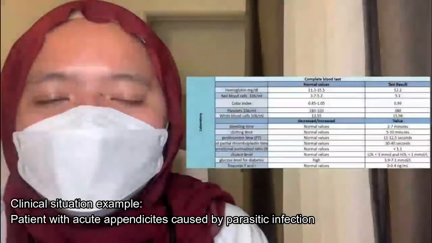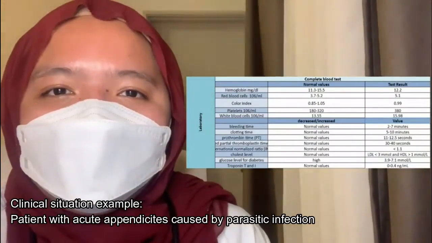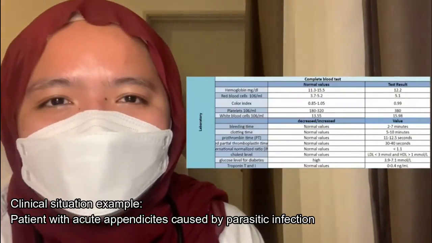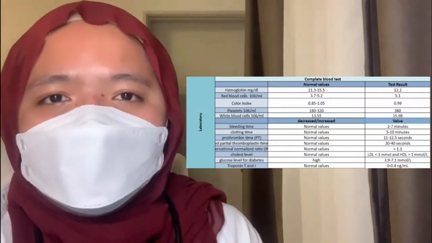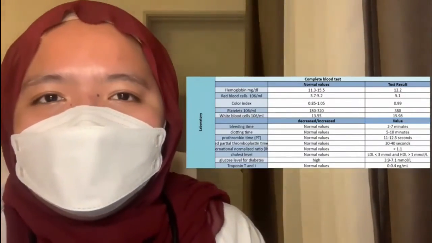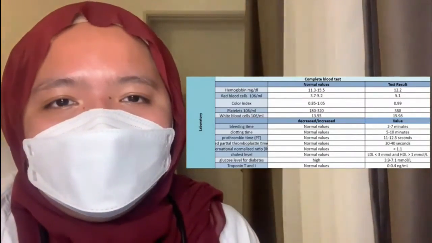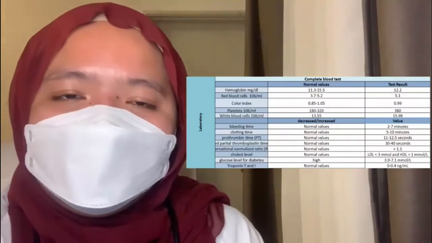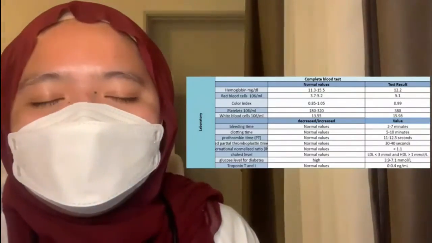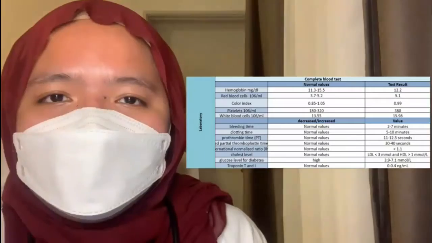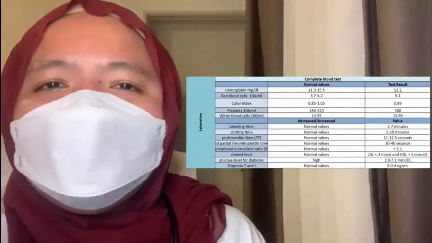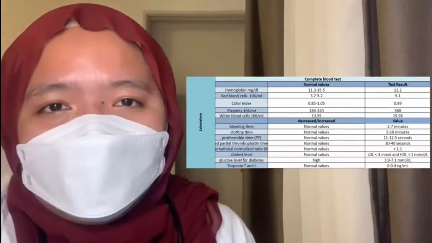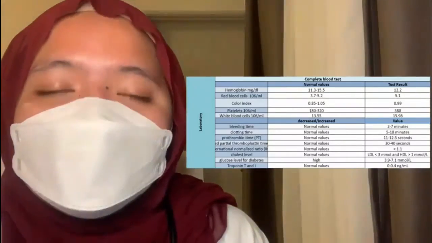As for the complete blood count, there are increases in white blood cells, eosinophils, ESR values, and also platelets, which indicates that this patient is having infection. But as for the other values, such as red blood cells, hemoglobin, color index, bleeding time, clotting time, they are in normal values.